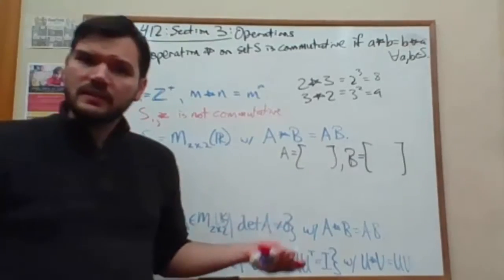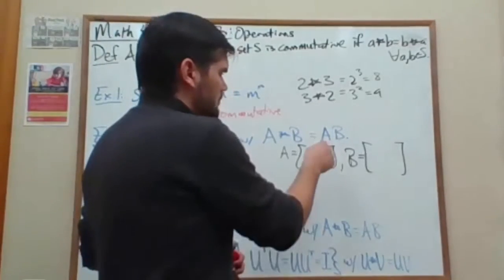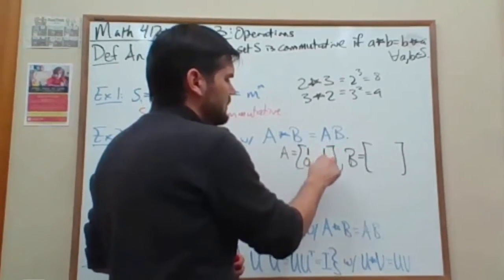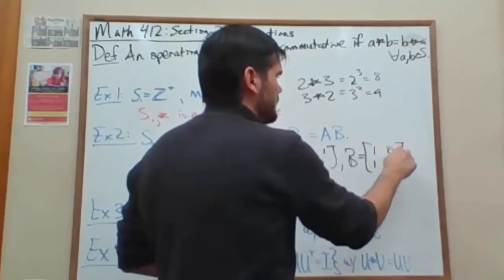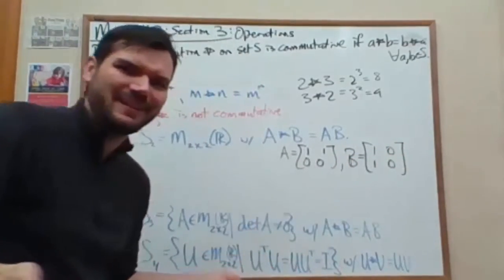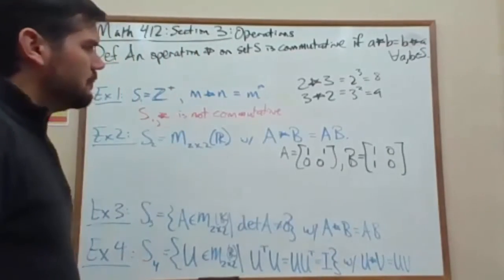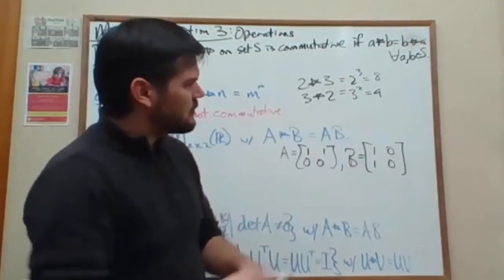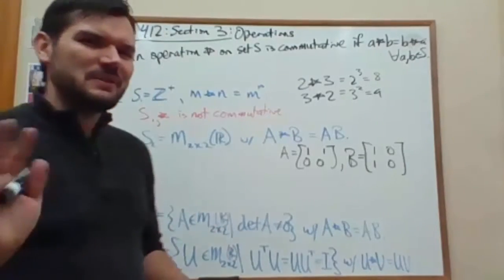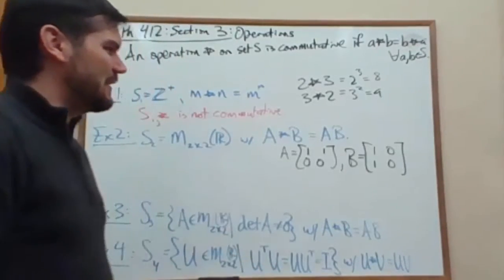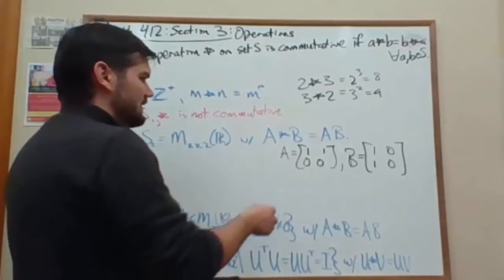Let's try something fairly simple. Let's try something like [1, 1; 0, 0] and [1, 1; 0, 0]. They can't be the same matrix because those obviously commute. A times A is A squared. But make them ever so slightly different, and a transpose is a nice tricky way to do that.